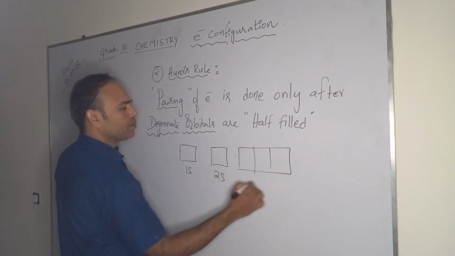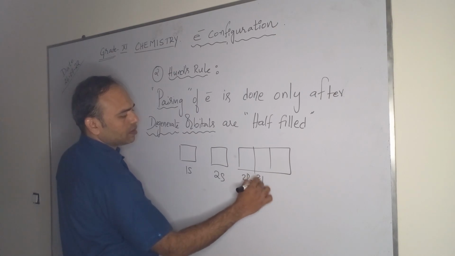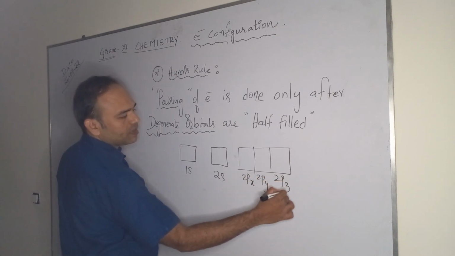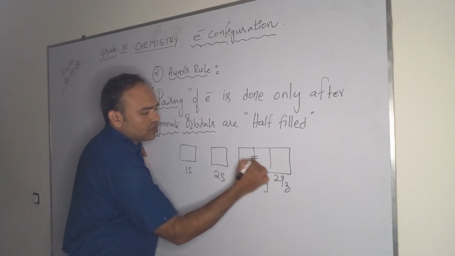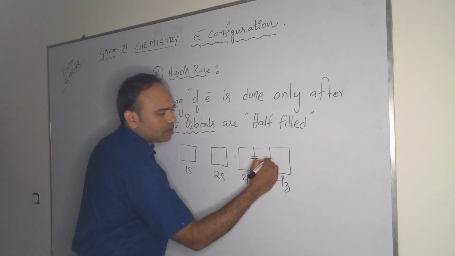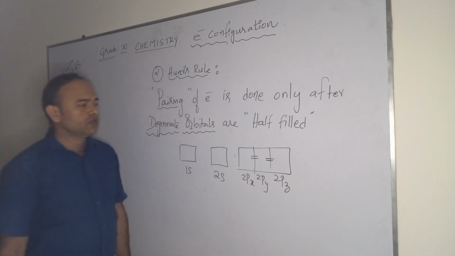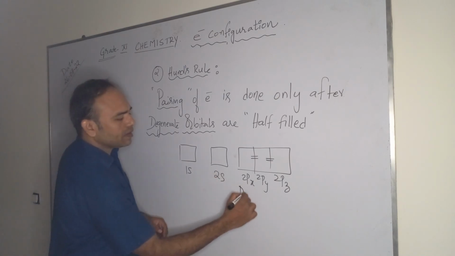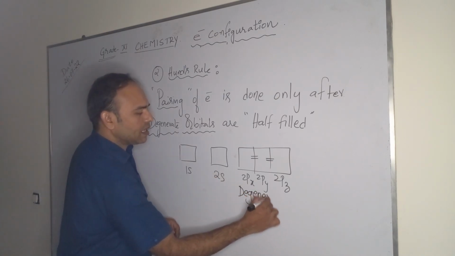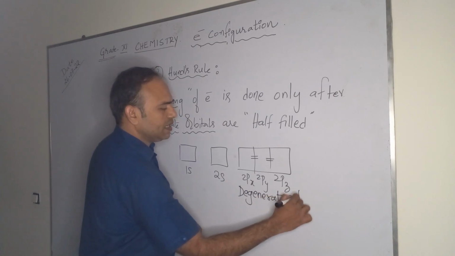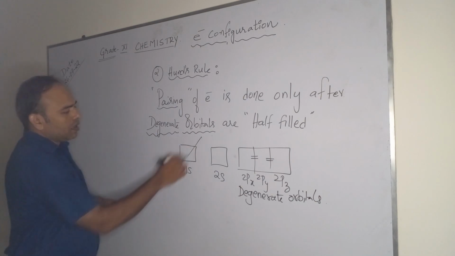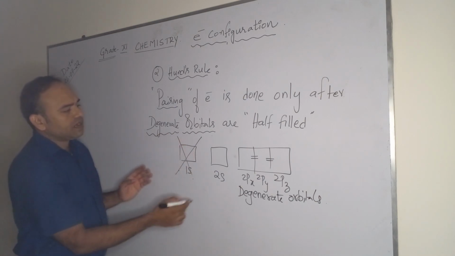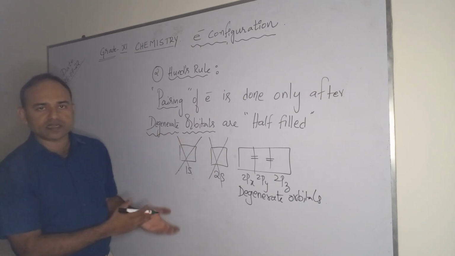Next I have 2px, 2py, 2pz. See, in this condition, the energy of 2px is equal to the energy of 2py is equal to the energy of 2pz. So these are called degenerate orbitals. But here there are no other orbitals, so we cannot compare the energy.